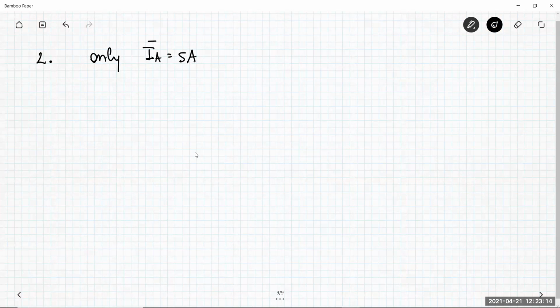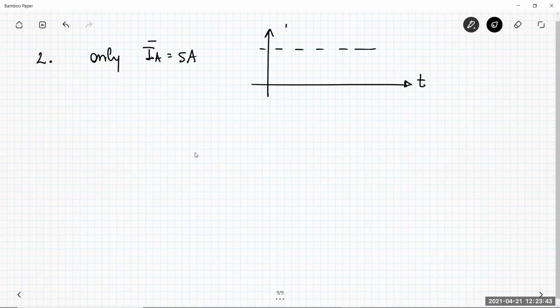In that situation, the ripple of the current is the small undulation of the current flowing in the inductance, the current that you have in the motor, that is superimposed onto the DC level. Okay, so we have a current IA that has a DC level, so the average value, which is exactly 5 amp in our example here.